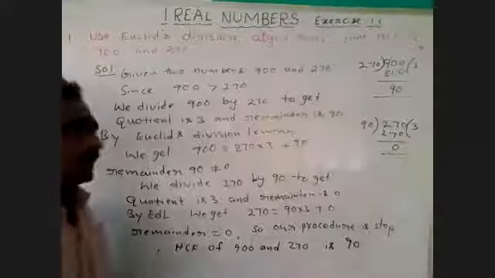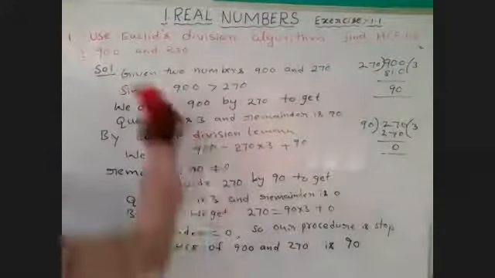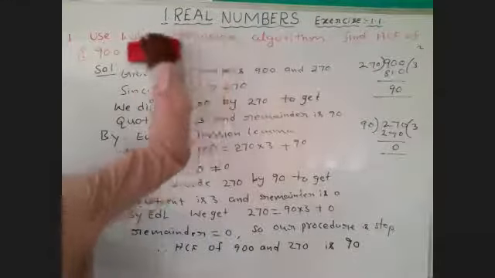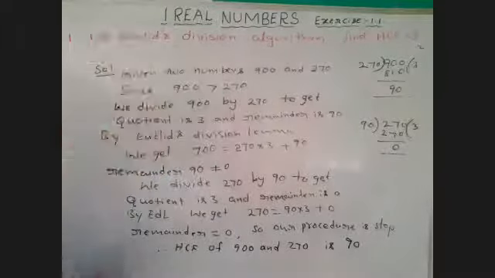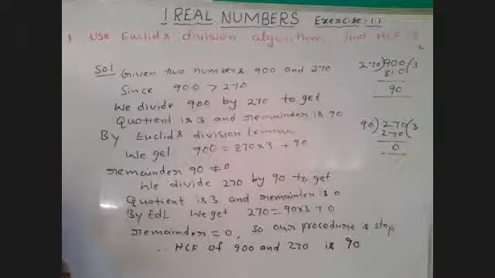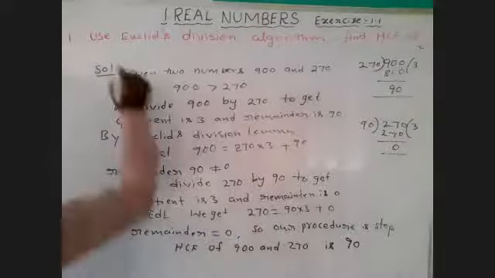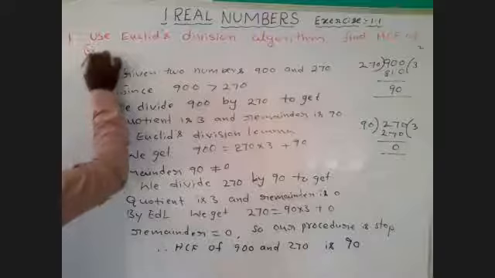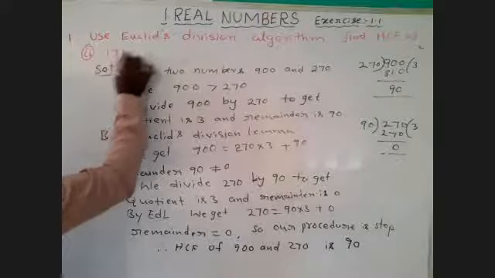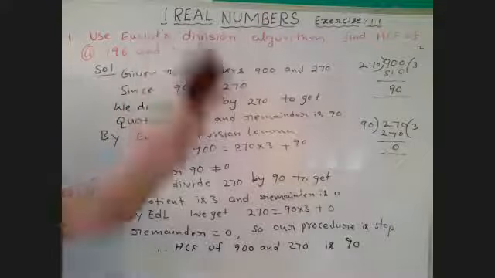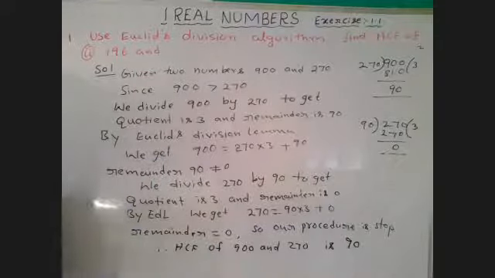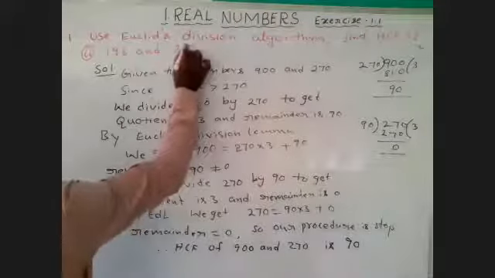The next one. Use Euclid division algorithm to find the HCF of 196 and 38,220.